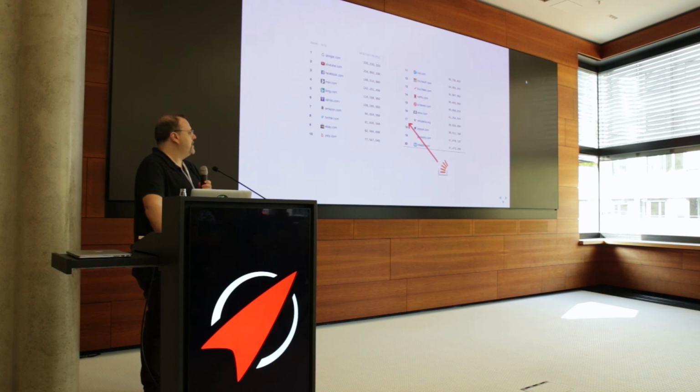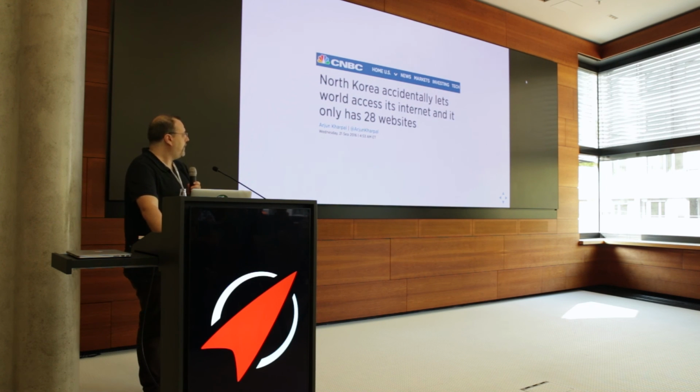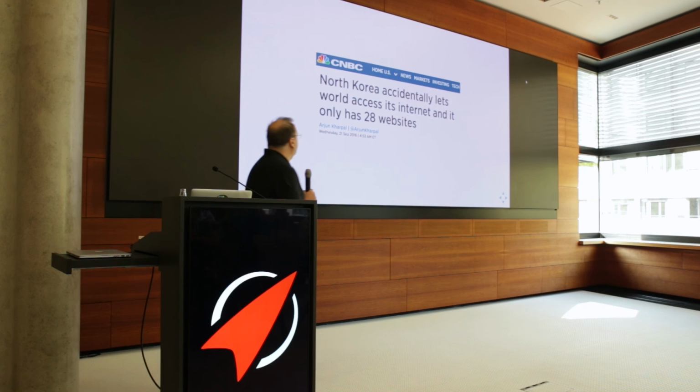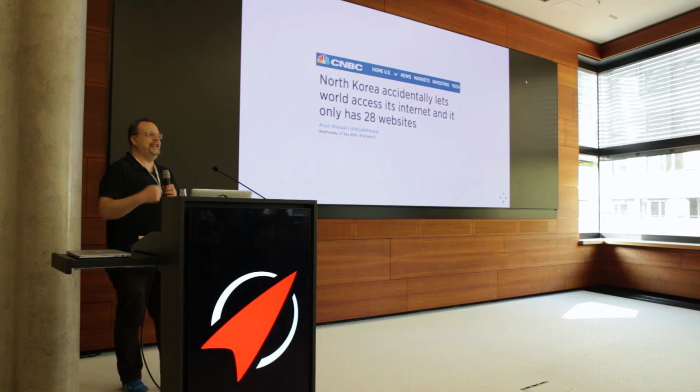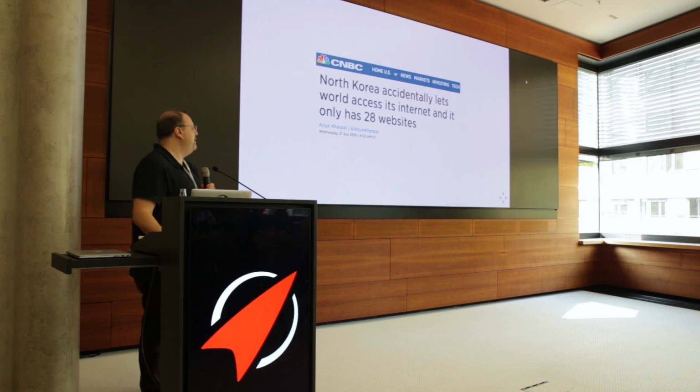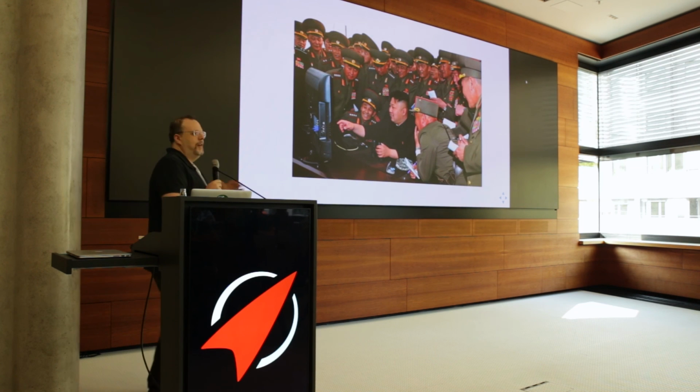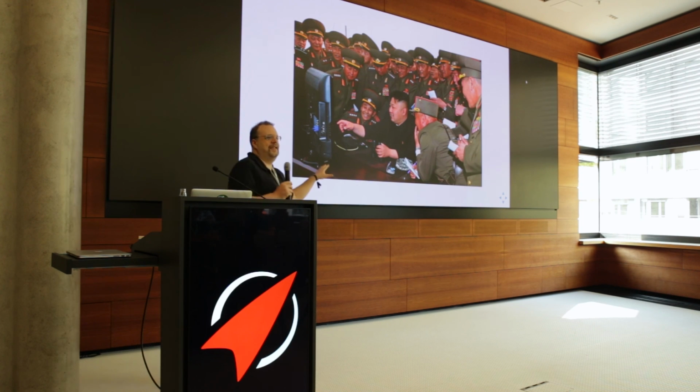And speaking about screw-ups of Quantcast, I don't know if anybody heard about this news, that North Korea has got 28 websites. So it's got a great internet presence, right? So you can imagine, this is looking at pictures of cats, I guess.